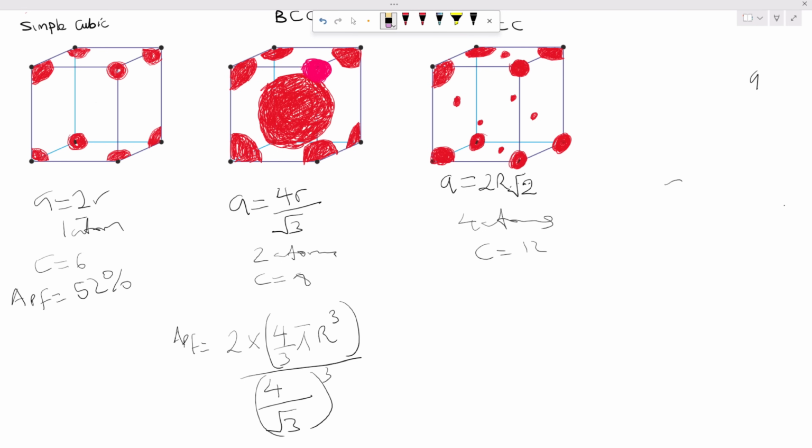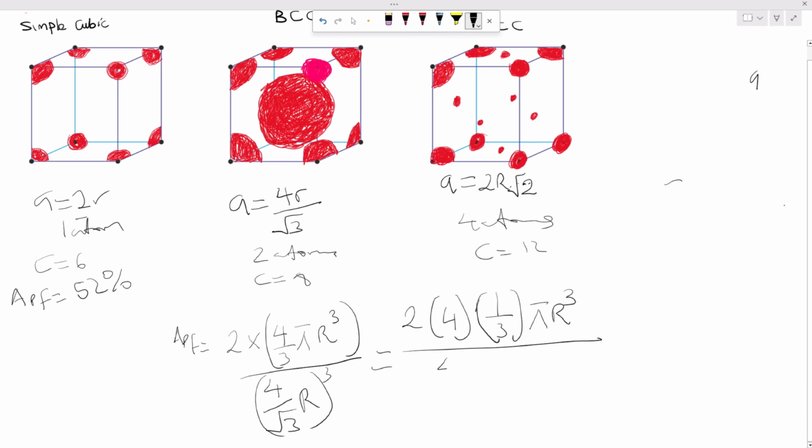Or better still, let me place this r outside here so it doesn't cause confusion. 2 times 4 times 1 over 3 pi r cube, r cube over 4 over root 3 cube times r cube. So my r cube can cancel this.